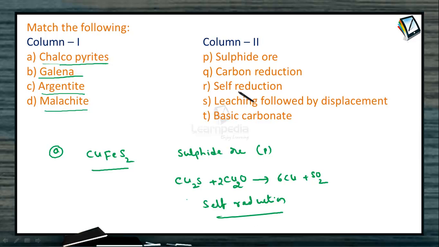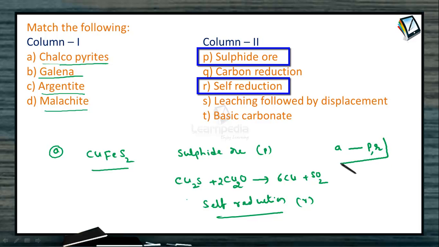Thus, self-reduction, or carbon reduction, is generally not used for the extraction of copper. Leaching, no. Basic carbonate, no. So therefore, A goes with P and R as the options.